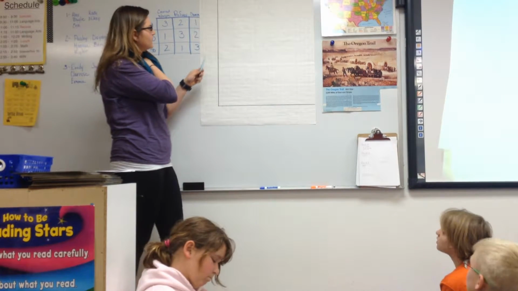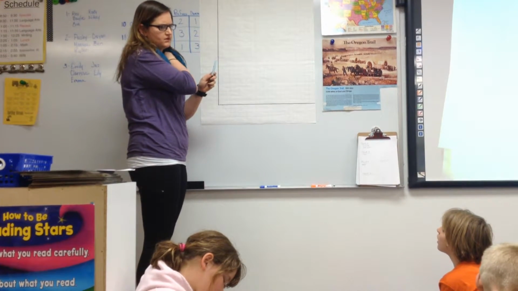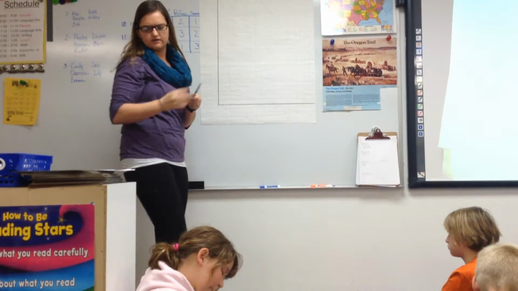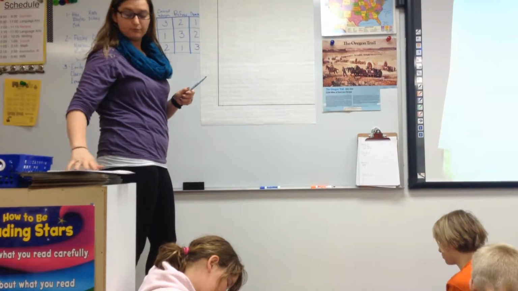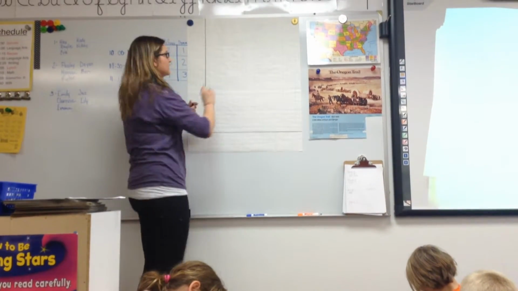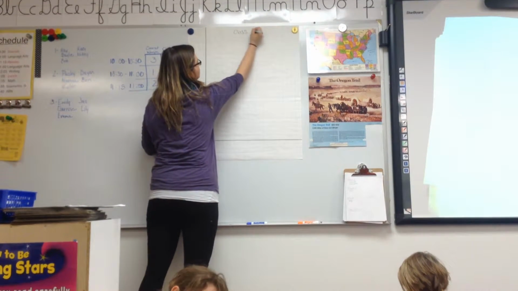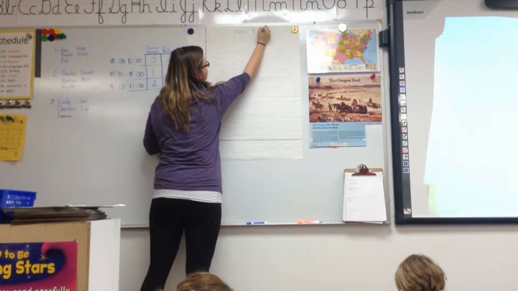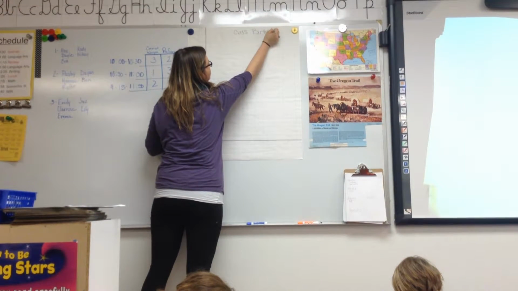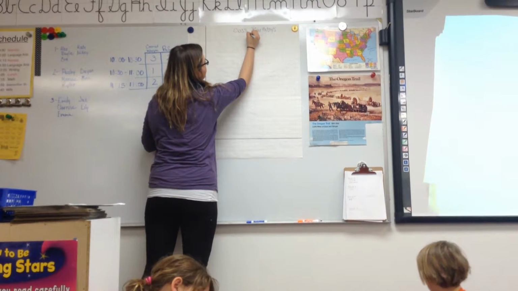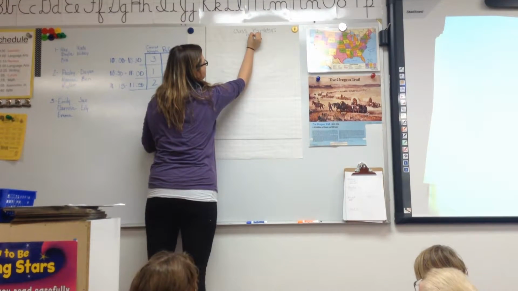All right, so you guys have all this labeled? Not yet. Okay, what do we need first? A title. And what did we say our title was? Class Birthdays. Good. Write that up, and in parentheses, I want you to write title.